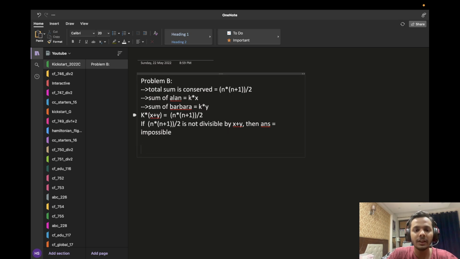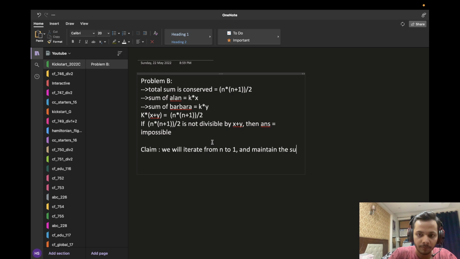Otherwise, we have to select a subset of sum equal to kx from the first n numbers. I will describe a greedy algorithm here. I will claim that it is correct, and then I'll prove it very simply. We will iterate from n to 1 and maintain the sum that we have remaining.